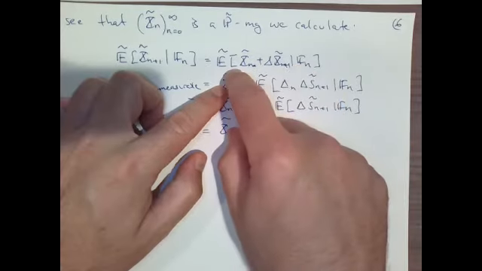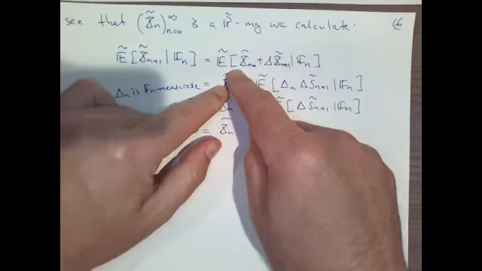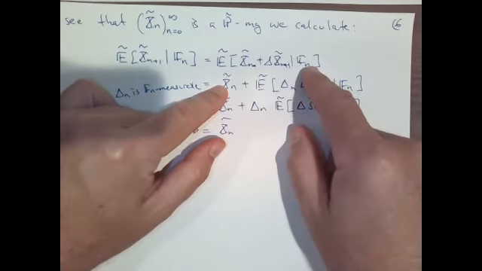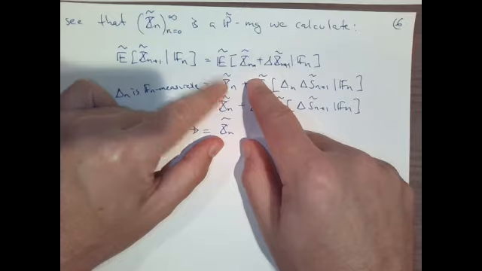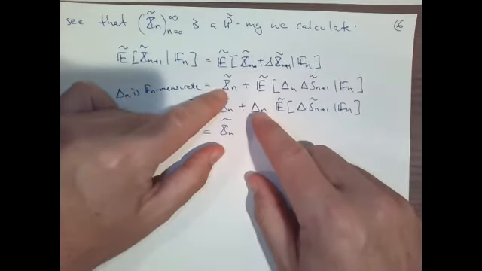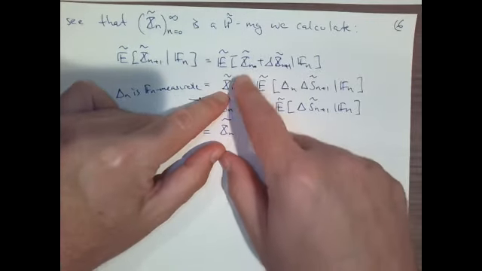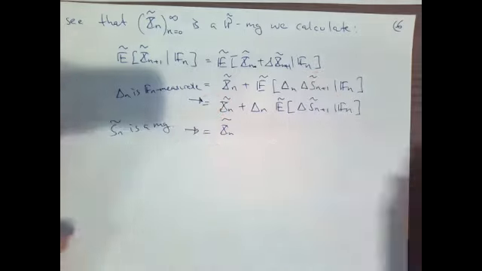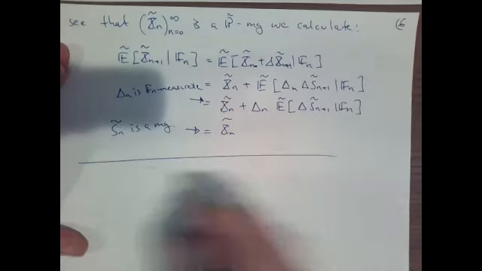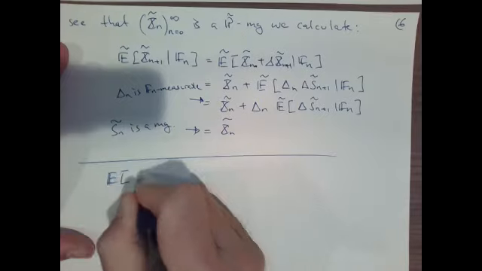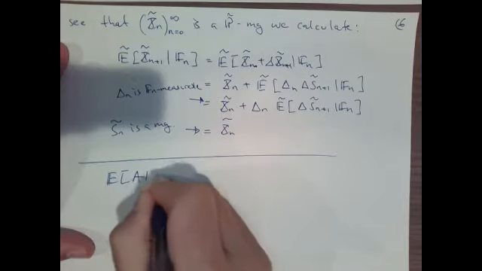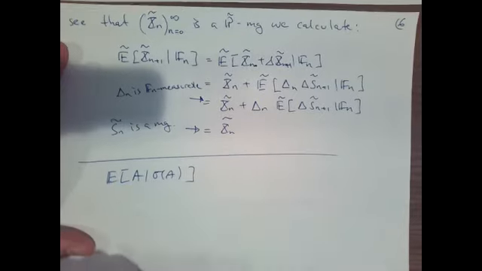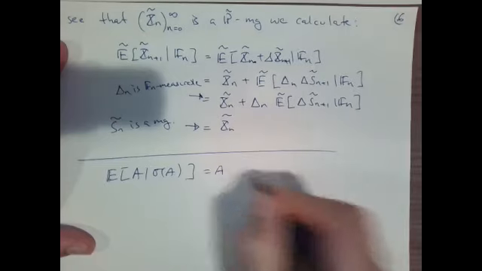The wealth that you have at time n is known at time n. So it just comes out of the expectation if it's measurable with respect to F n. If I'm looking at the conditional expectation of a random variable given the random variable, this is the random variable.